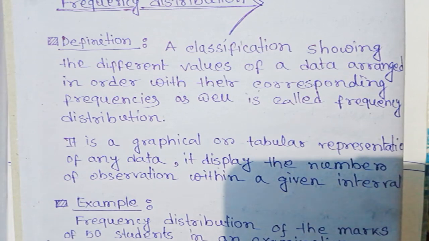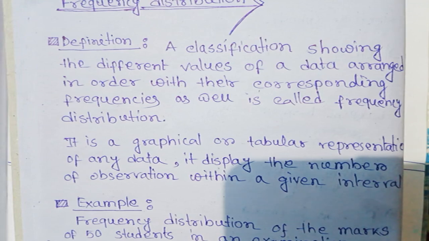Means a data is provided to you and you have to arrange this data in such a manner that in sort or in an organized way you can get the values of this data. The data provided to you is called raw data.